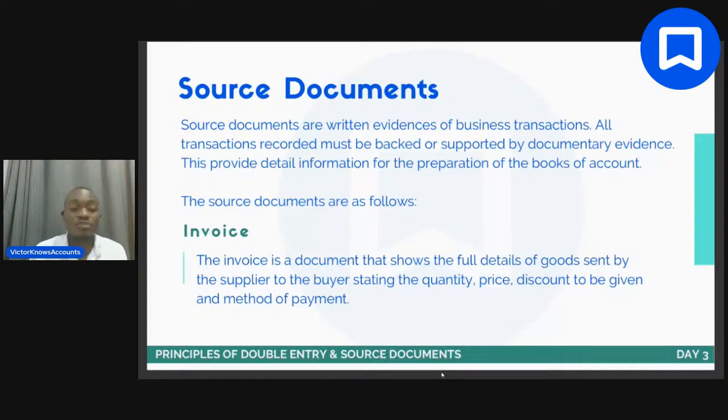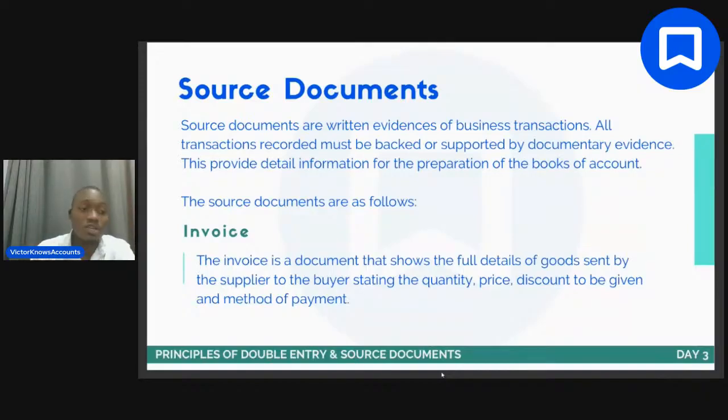Now the invoice received by you is what? A purchase invoice. But for the invoice that you issue, don't forget, an invoice is always issued by the supplier or the seller. They are the same thing. It's always issued by the seller. So when you sell goods and you issue an invoice, that is called a sales invoice.